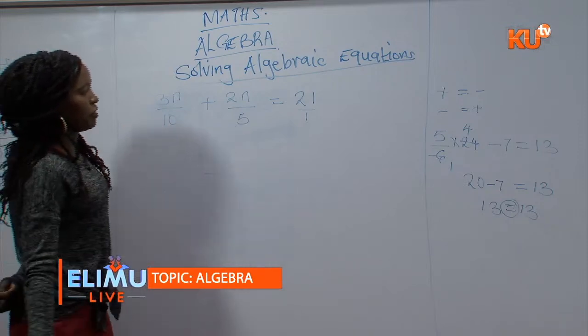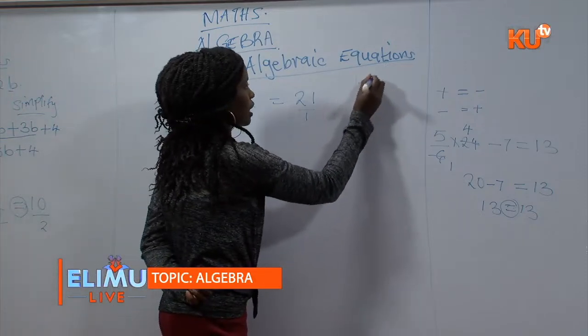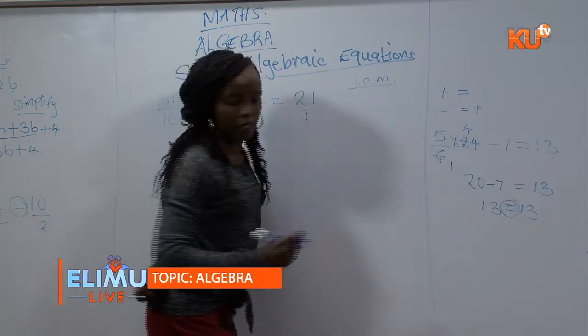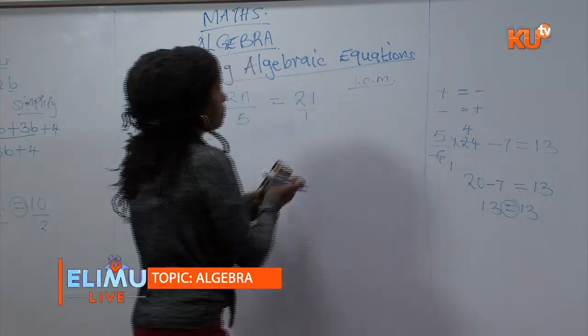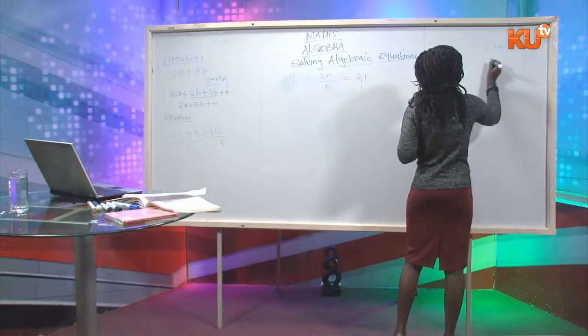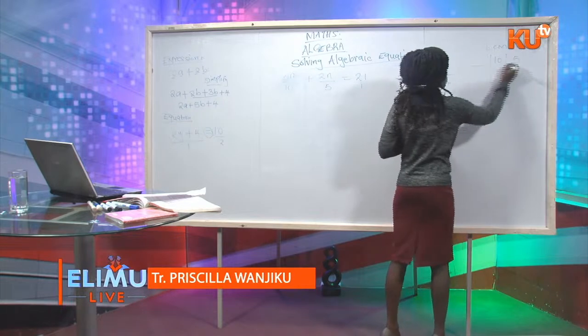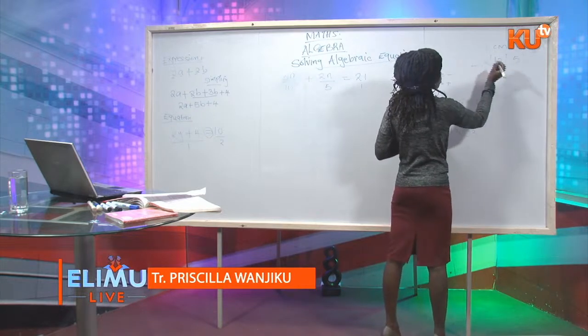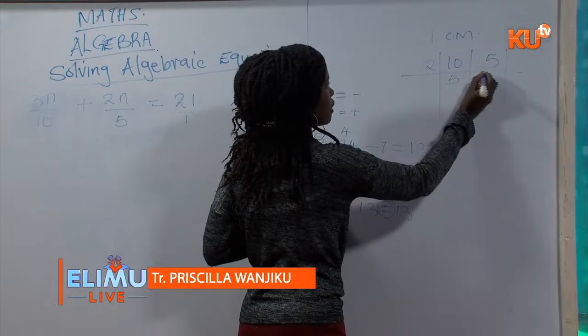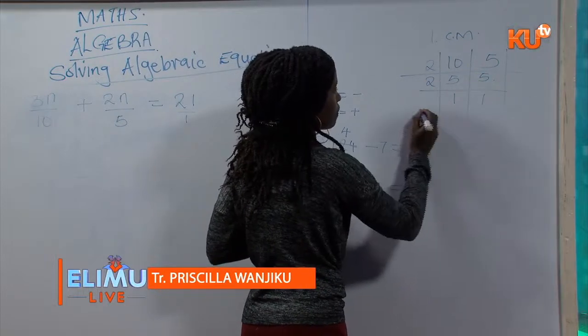The LCM of 10 and 5 is 10. This is how we get the LCM: we use prime numbers. By 2 we get 5, then by 5 we get 1, 1.